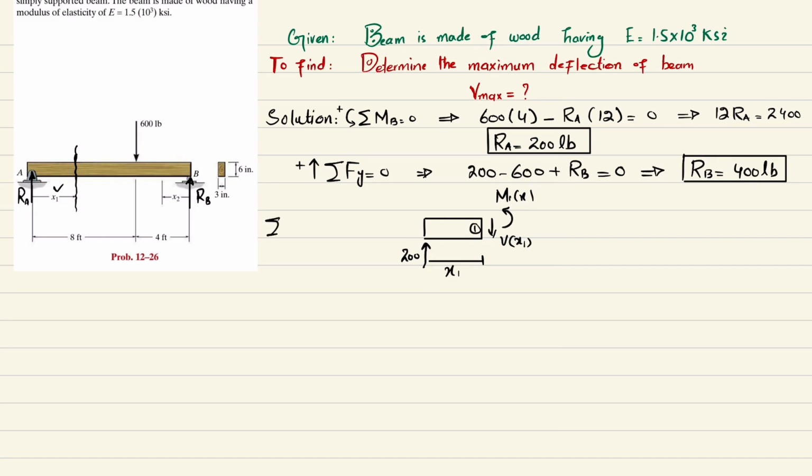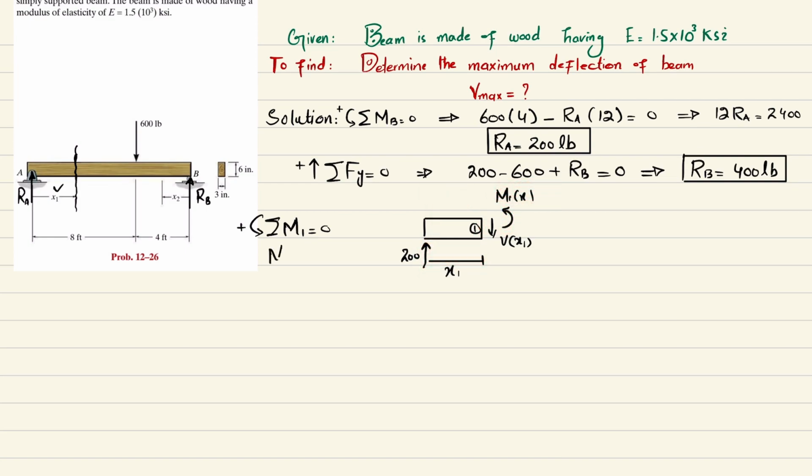So we will apply the equilibrium condition that the sum of all moments about point 1 is equal to 0, taking the counterclockwise moment as positive. About point 1 we have one moment which is 200 into x1, and that is clockwise, so it will be negative, and this moment m1 of x is positive.